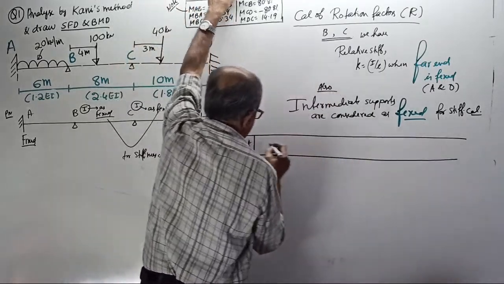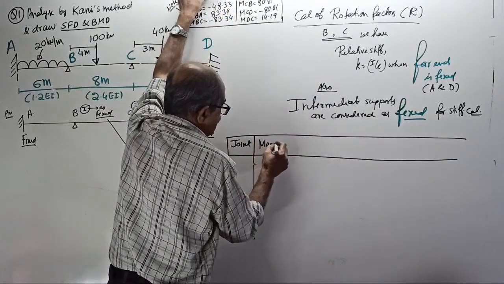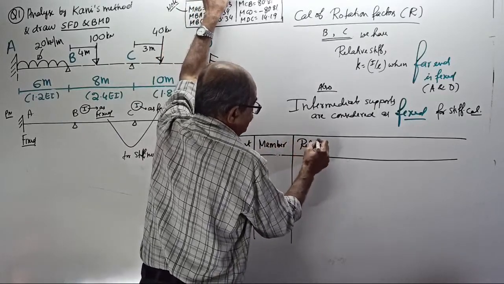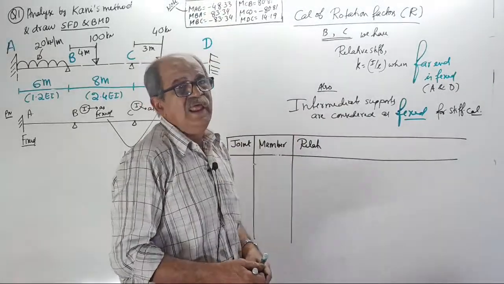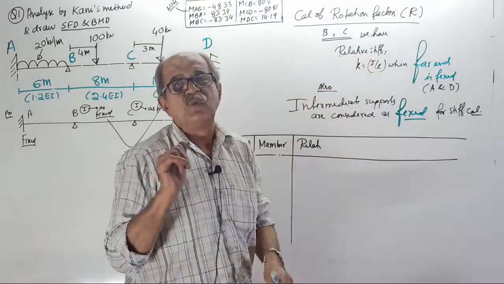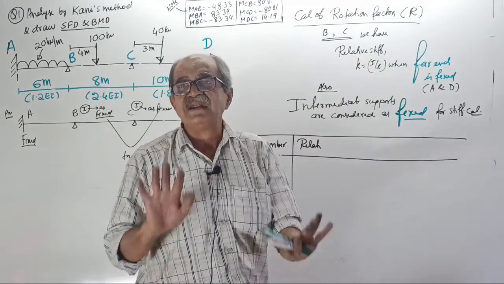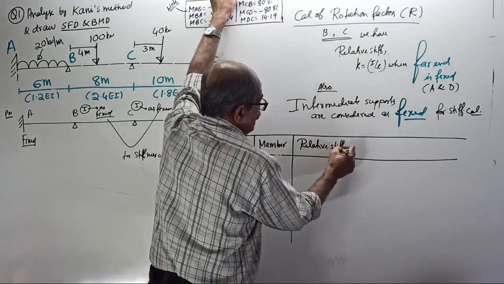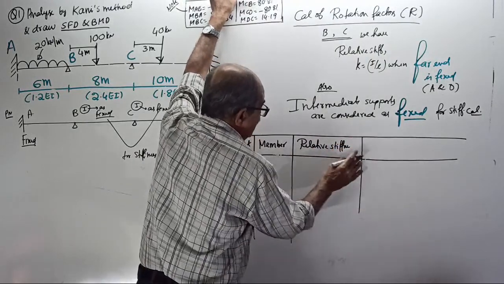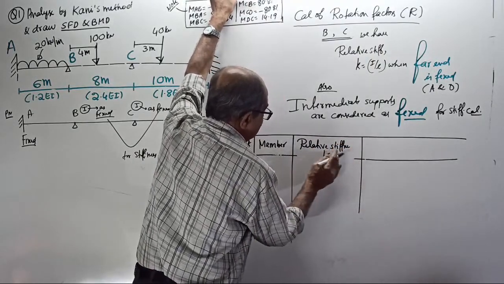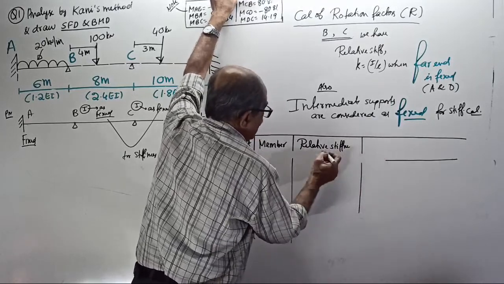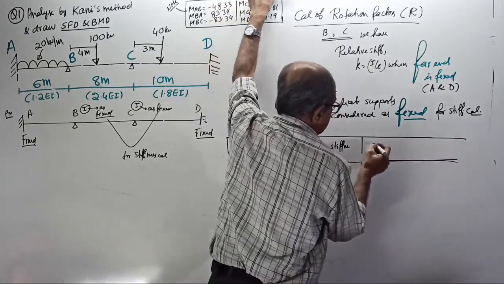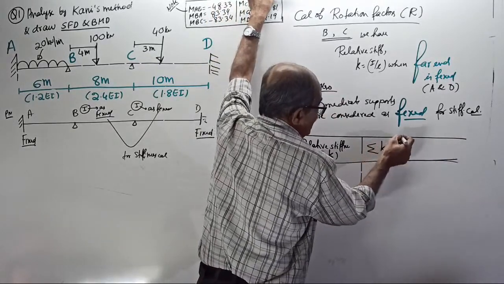Columns: joint, member, relative stiffness, symbol small k, then sigma of small k.